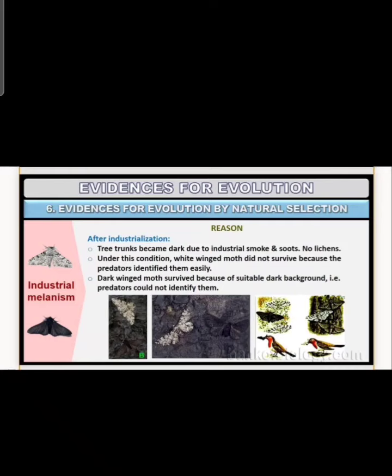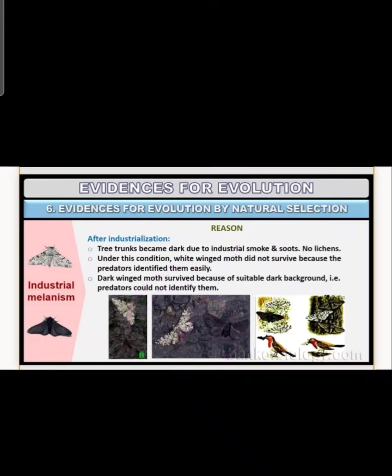So under this condition, the white moth did not survive, because even if it is hiding, the predator can easily see the white moth. It cannot see the dark moth, because the dark moth has adapted to the darker bark of the tree.